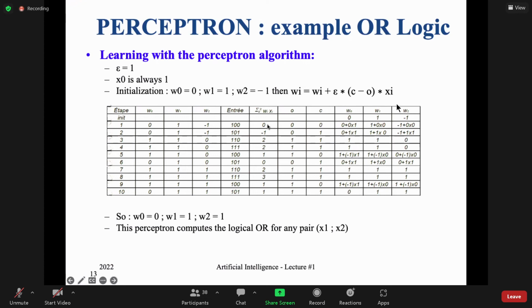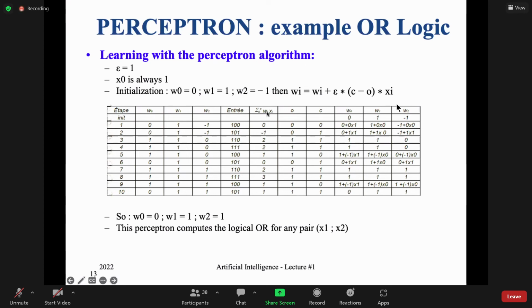What I have to calculate, in fact, is the multiplication between the inputs and the corresponding coefficients. So this one is the input x0, okay? I multiply 1 by this one, so it's 0, plus this one multiplied by 1, so 0, and so on. So the output of this sum will be 0.